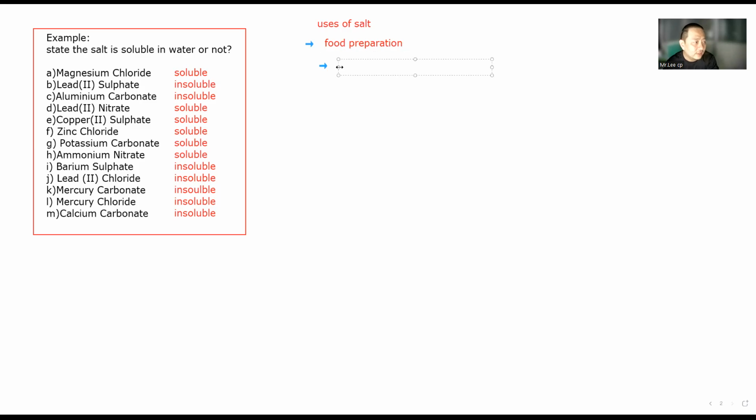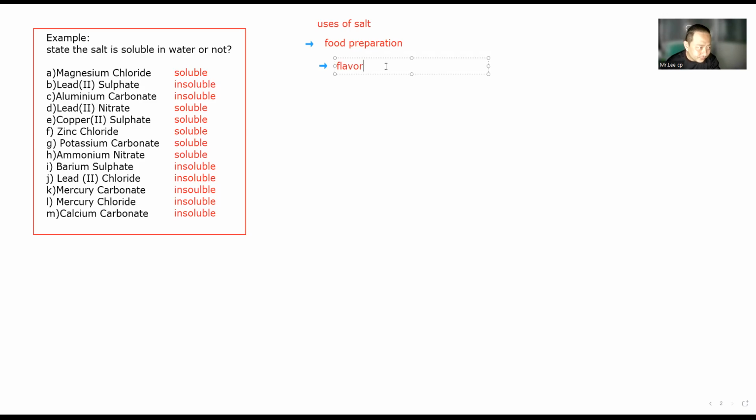What kind of food? For example, we use flavoring, right? Ajinomoto, or all these contain salt, right? Ajinomoto, MSG, and then the thing that you like the most, Maggi sauce, flavoring.